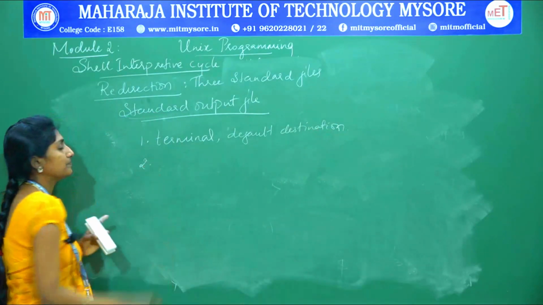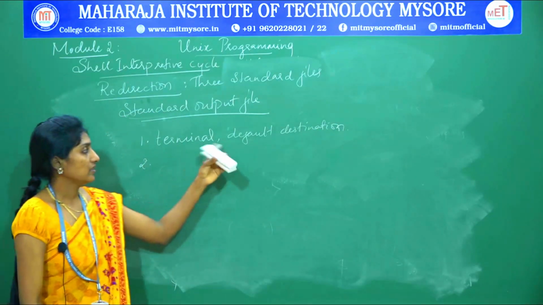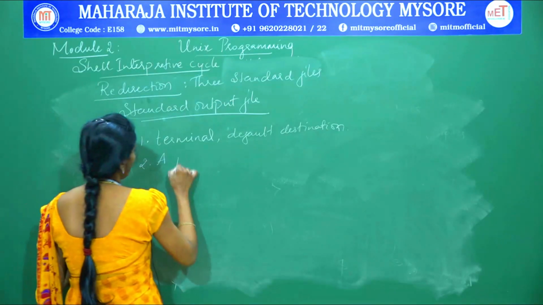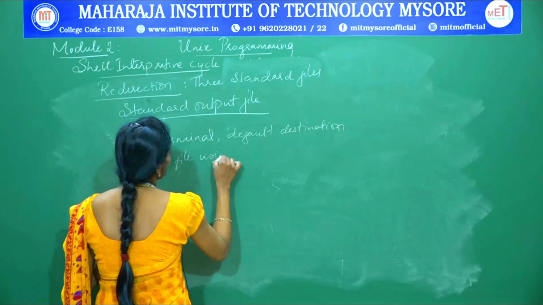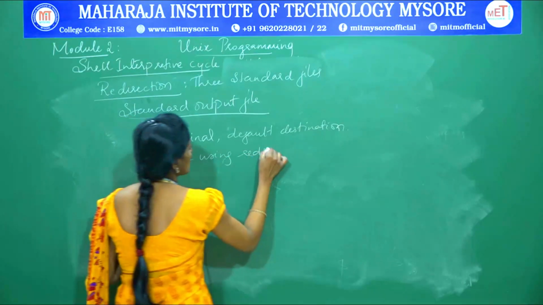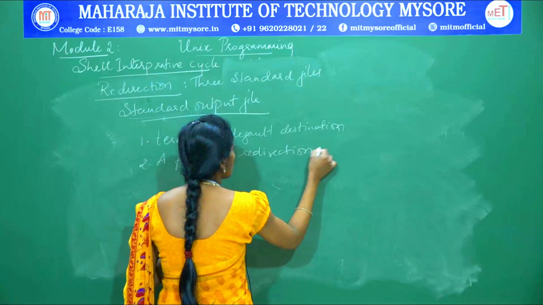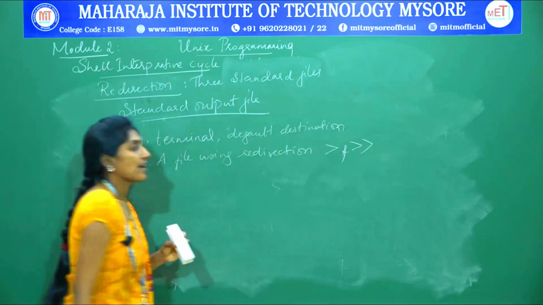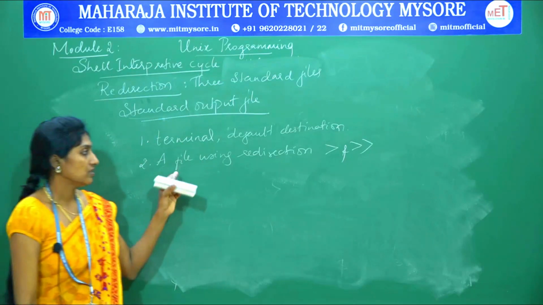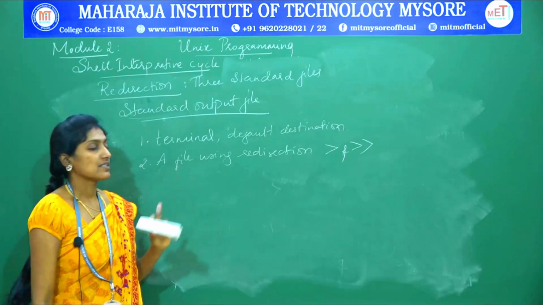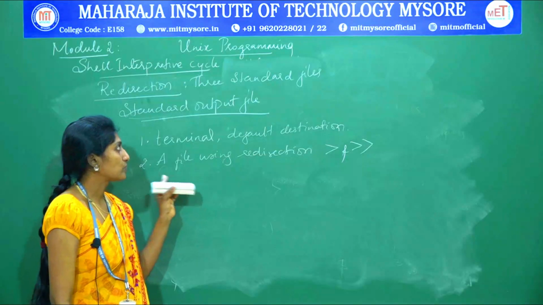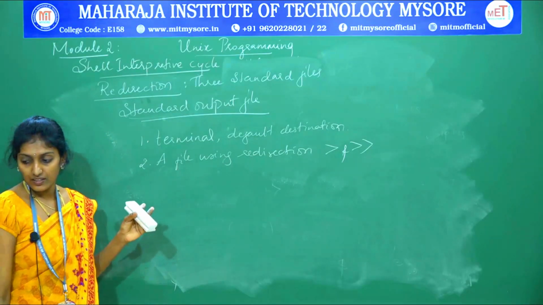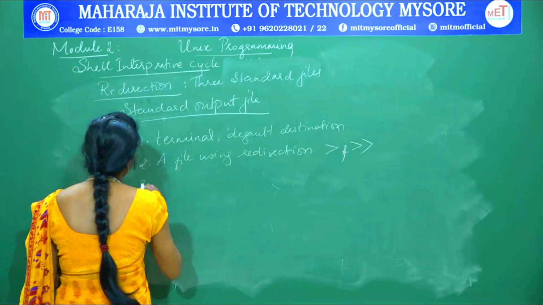The next one is a file using the redirection symbol, that is the greater than symbol once and the double greater than symbol. This is the second way of using the standard output file, and the third way is the pipeline.